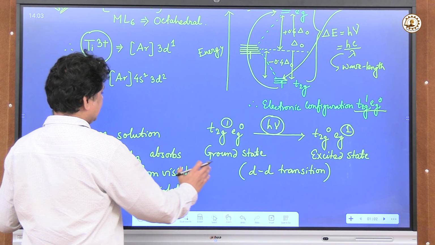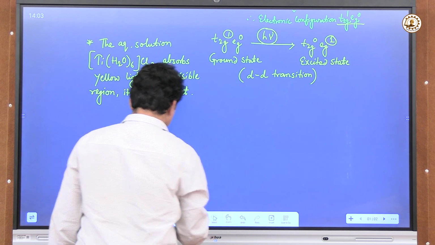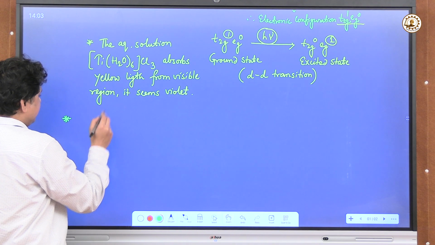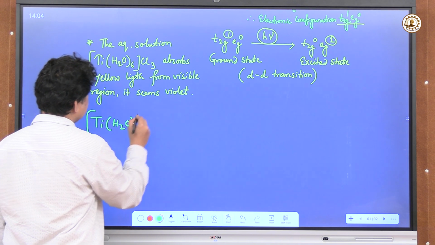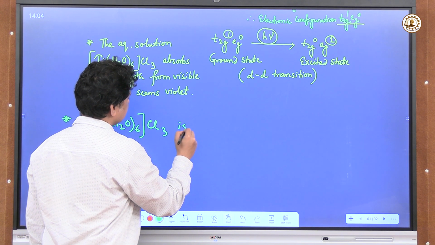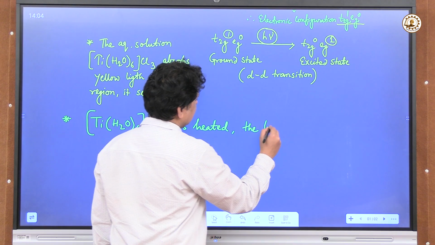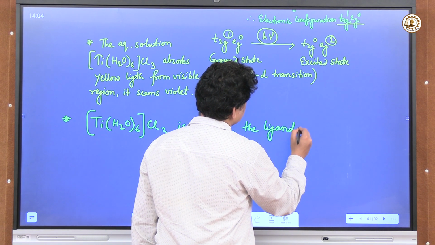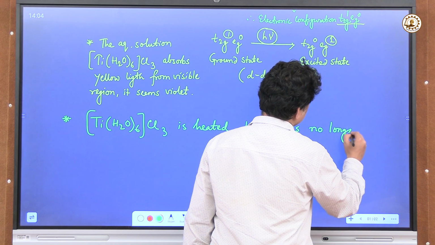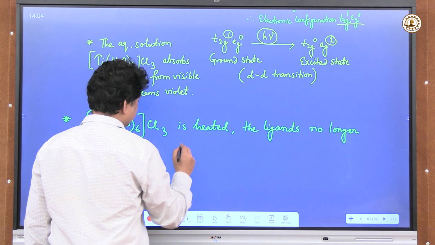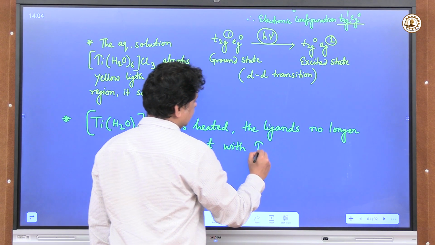Right? Now what happens when the complex is heated? The idea is very simple. When [Ti(H2O)6]Cl3 is heated, the ligands are no longer present with Ti3+.